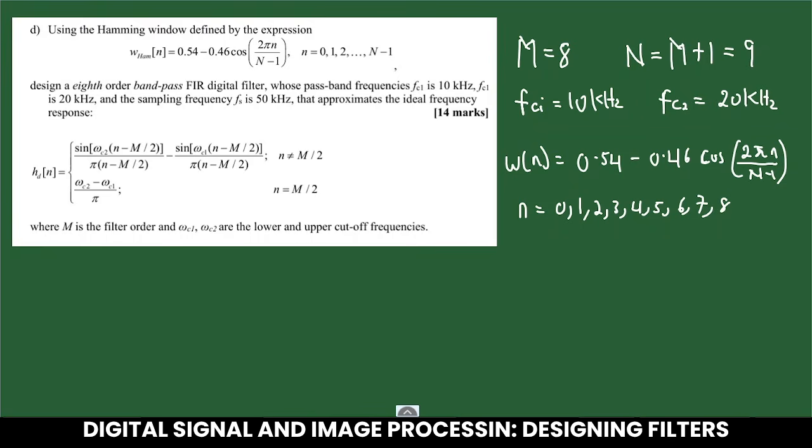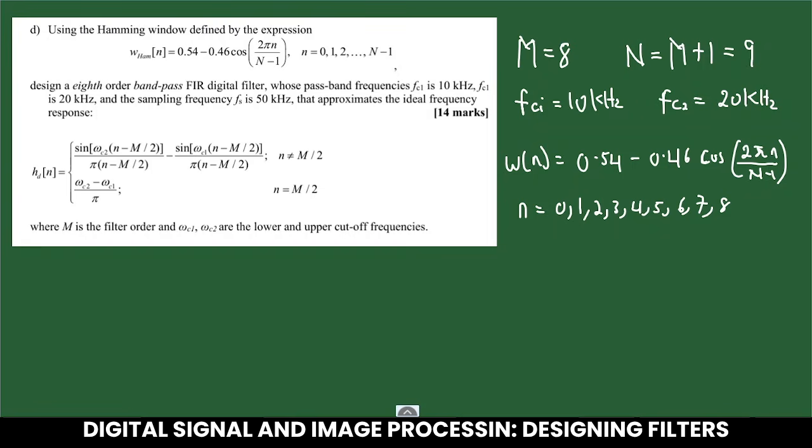I hope you can see. Yes, so it's up to 8. This is unlike the DFT where you just do from 0 to 7. This one you include the 8 so that you have your 9 coefficients. If you count from 0 to 8, you have 9 coefficients.